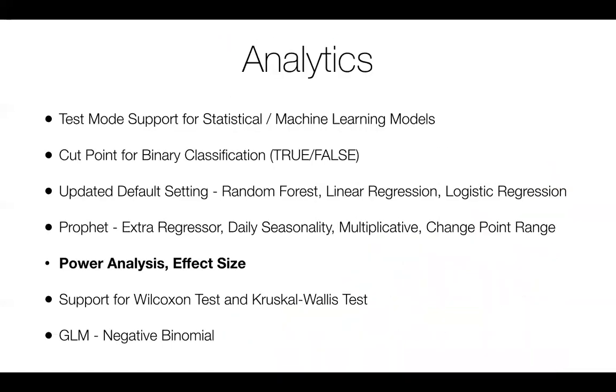And then, oh yeah, there's another one. It's called extra regressor. I didn't have slides for that, but building a time series forecasting model is trying to detect the patterns and seasonality in the data, and then building a model, and the model produces a predicted result. But by using this thing called extra regressor, you can actually bring in another variable.